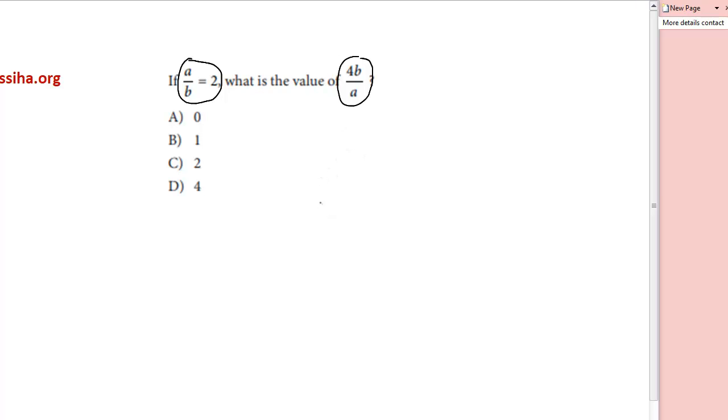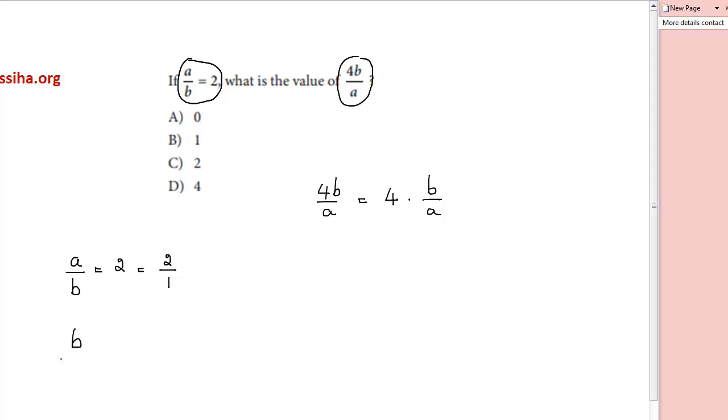Since they need the value of 4b over a, that means they need 4 times b over a. But unfortunately I have a over b, so why don't I transfer it to b over a? Since I have a over b equals 2, that means it's something like 2 over 1.